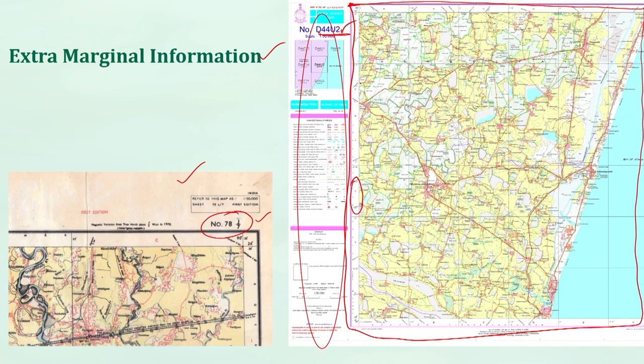Anyhow, in the hard copy topo sheet, look at what the extra marginal information is. Look at here, the topographic number is there, additional detail is there, and some area name is there. Similarly, here also.